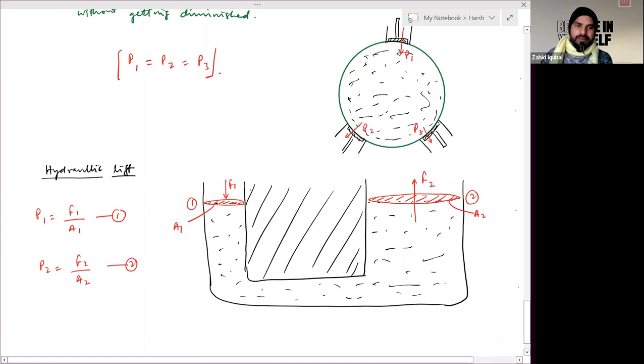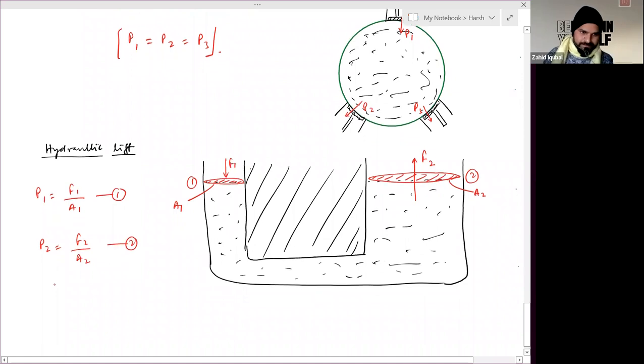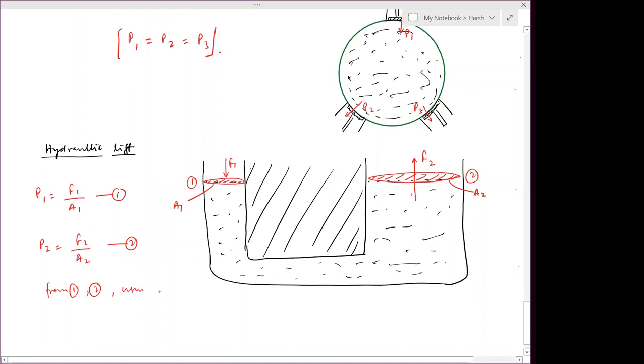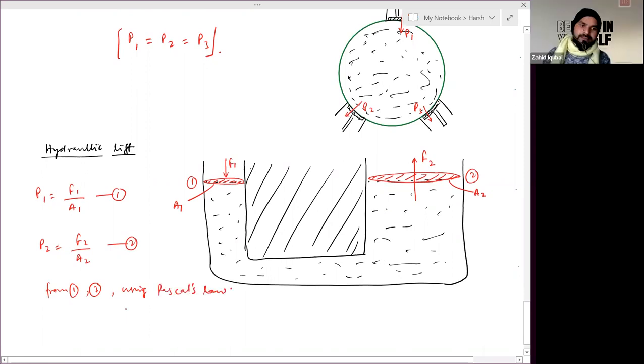Now, using Pascal's law, from equations first and second, we can say P1 must equal P2.